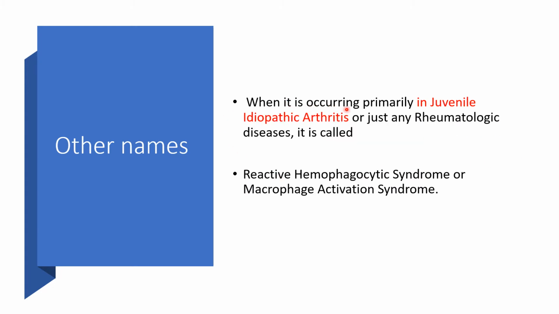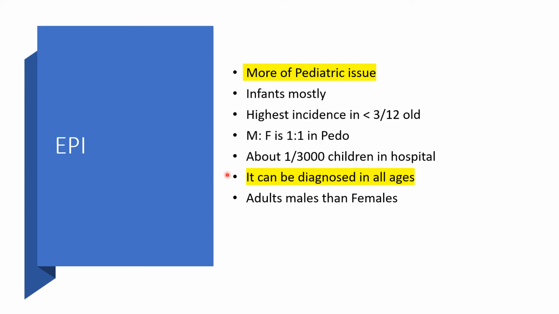When it is occurring primarily in juvenile idiopathic arthritis or just any rheumatological diseases, it is given another name. And here it will be called reactive hemophagocytic syndrome or macrophage activation syndrome. We are done with the names.